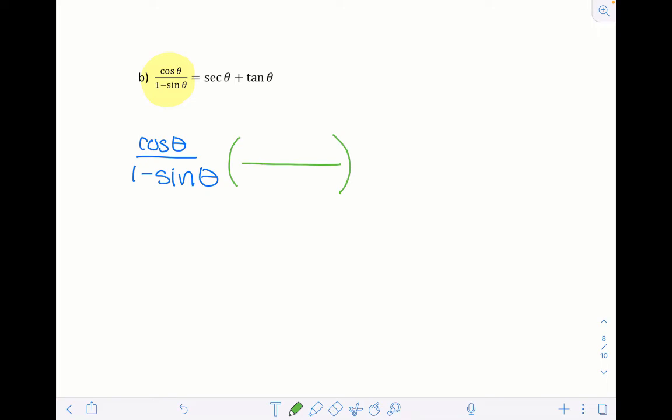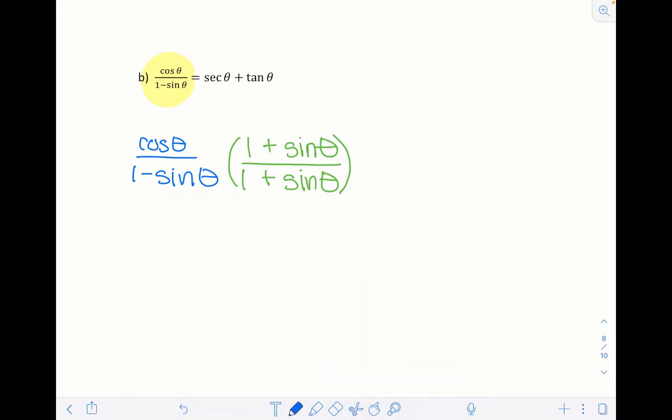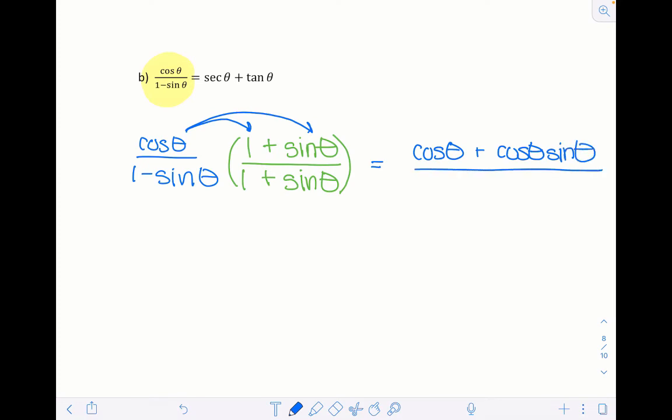So I'm going to multiply the top and the bottom by 1 plus sine of theta. In the numerator, we get cosine theta. I'm going to multiply it through, plus cosine theta sine theta. All over the denominator, we've got 1. And I guess I'll just write it all out this time, just like I did last time.